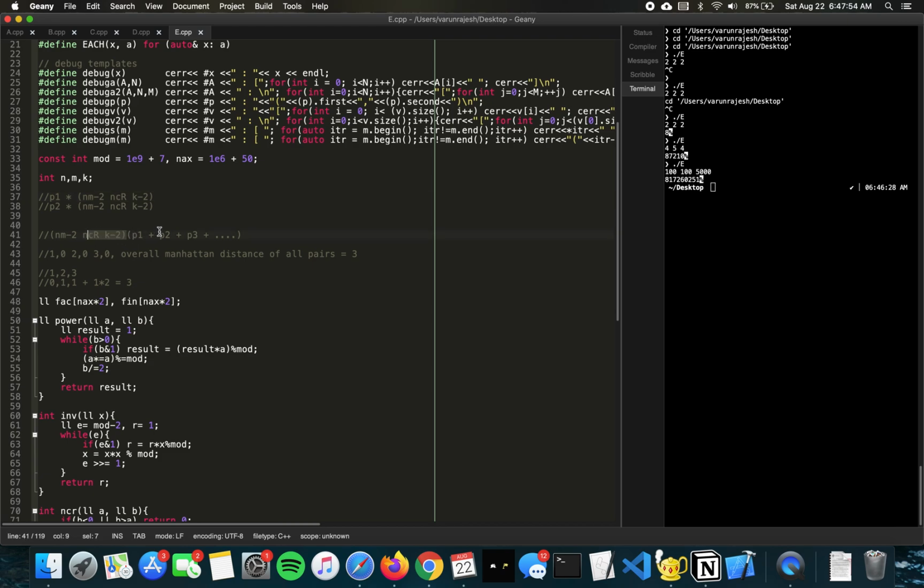So when you take it out, all we're left with is the Manhattan distance of all the pairs in the grid, which is this. And so we just multiply this whole entire sum with the number of times each pair is in an arrangement, and that's how we get our answer.